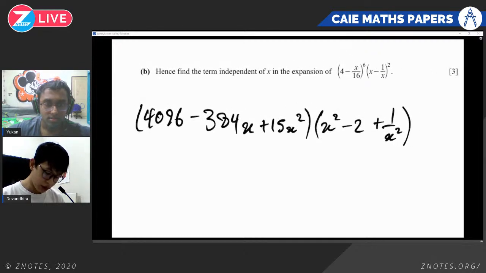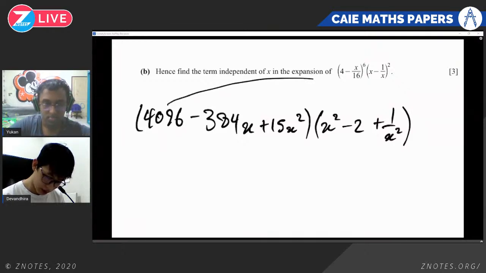So because we're only looking for the term independent of x, I just have to look for the terms where you multiply and get no x at all. So for me, I can see that if I multiply 4096 with negative 2, I won't get an x.